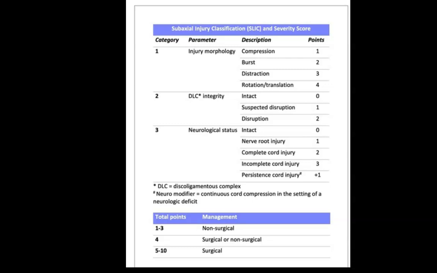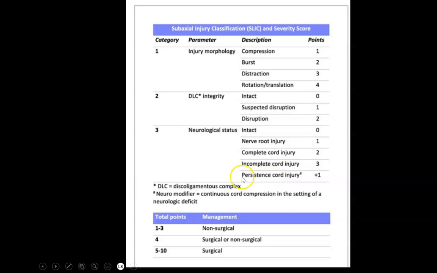And third is the neurological status, as we said. If it is intact, it's 0. There is nerve root injury, takes 1. If it is complete cord injury, it takes 2. And incomplete, it takes 3.